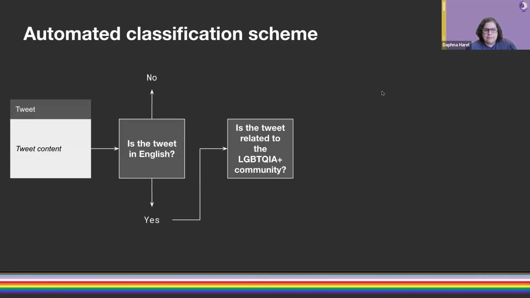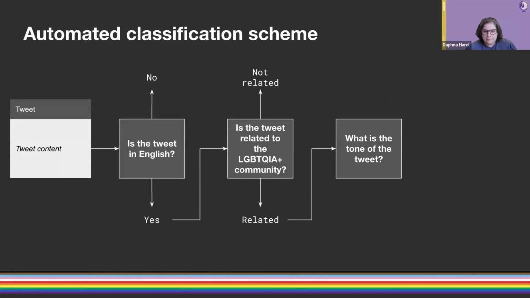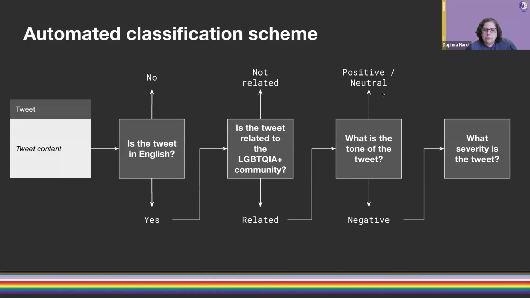If yes, is it related to the LGBTQIA+ community? If not related, stop. If yes, what is the tone of the tweet? If it's positive or neutral, we would stop there. And if it was negative, we'd ask it, what is the severity of the tweet? Is it just annoying? Can it stay on the internet? Or is it hateful?